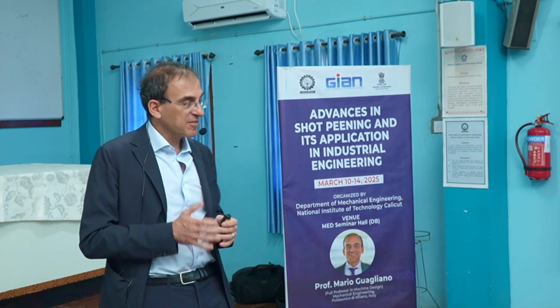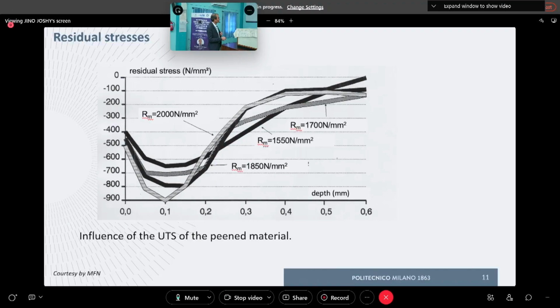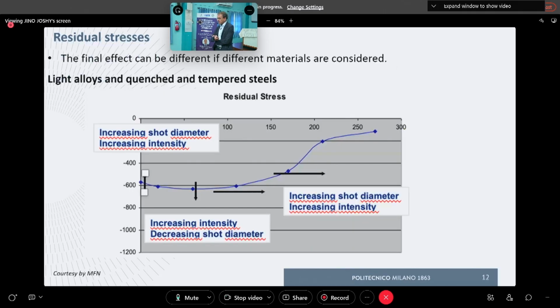Once we have a maximum that is related to yield stress, if we are increasing the energy or the coverage, the maximum remains the same, but what is changing is the depth where the maximum is. That is to say, by increasing the energy, we are not changing the maximum compressive stress anymore, but we are changing the depth that is subjected to compressive residual stresses.